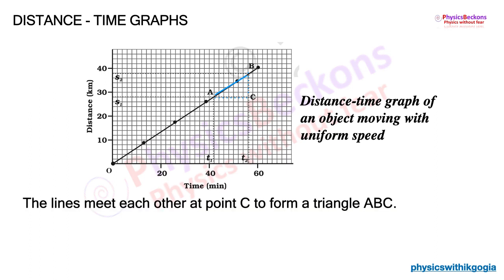AC here denotes the time interval T2 minus T1. AC, as you can see on the graph, gives us the time from T1 to T2. That is, the time taken here is T2 minus T1, and the distance is S2 minus S1.